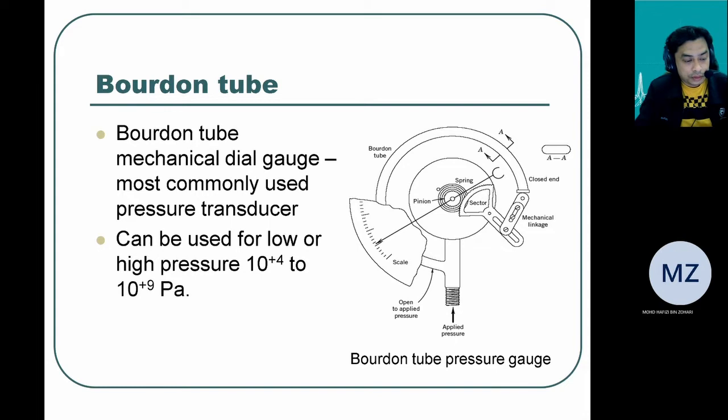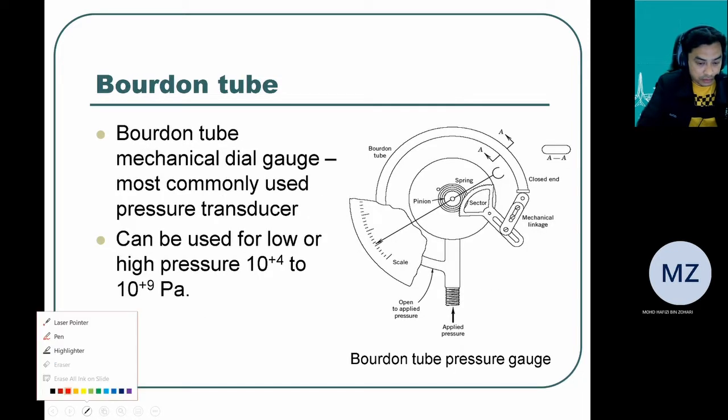If you look at the Bourdon tube concept here, this is one of the commercial pressure gauges. Inside the commercial pressure gauge, we have a Bourdon tube as the main mechanism. If you look at the cross section of the tube here, it has an elliptic shape.